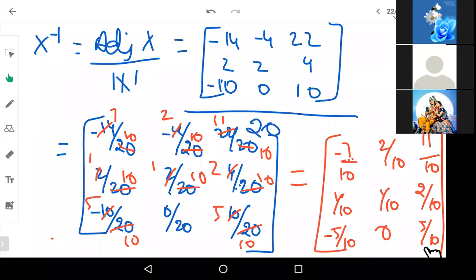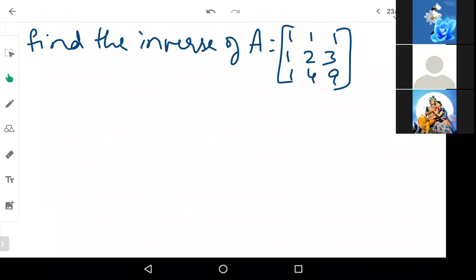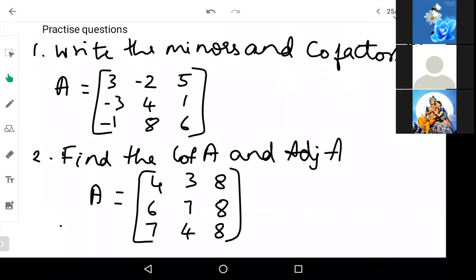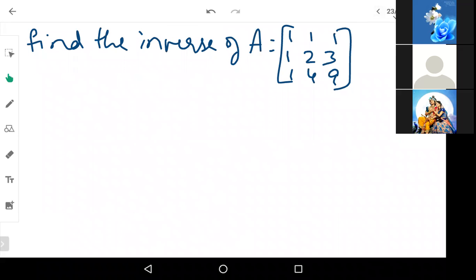You can do this further. Okay, whatever you get, that will be the correct value. That is the inverse. So this is x inverse. Understood? Any doubts?